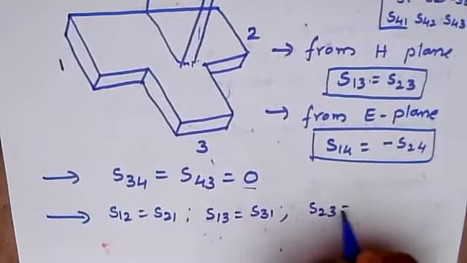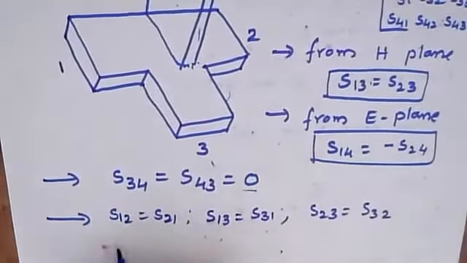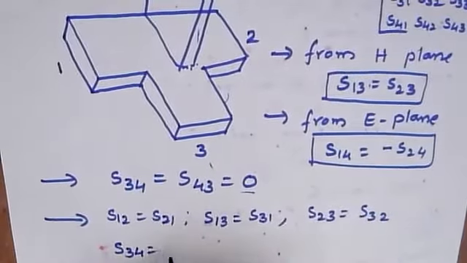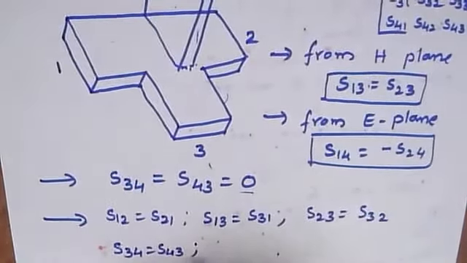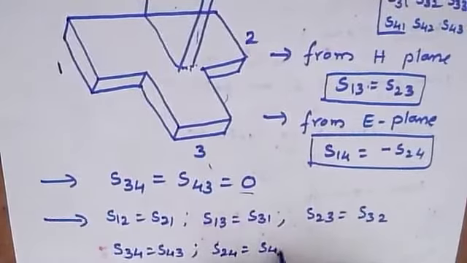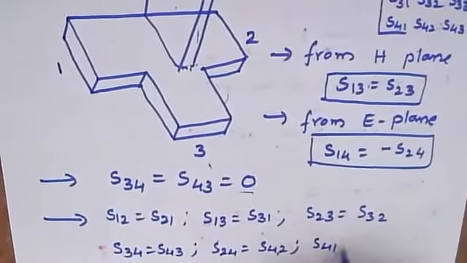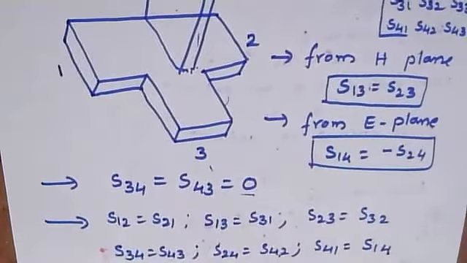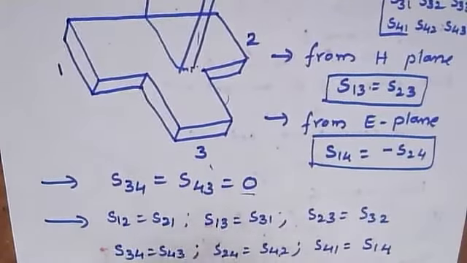S23 will be equal to S32 and S34 will be equal to S43. S24 is equal to S42. S41 will be equal to S14. Okay, this is according to the symmetry property.